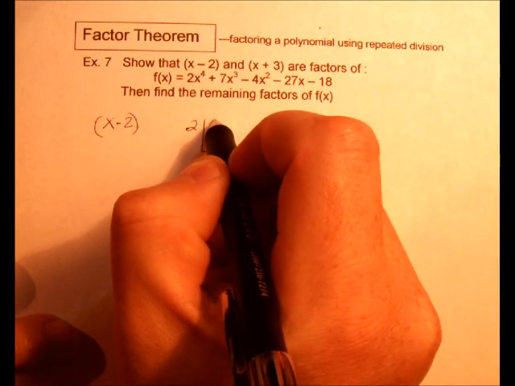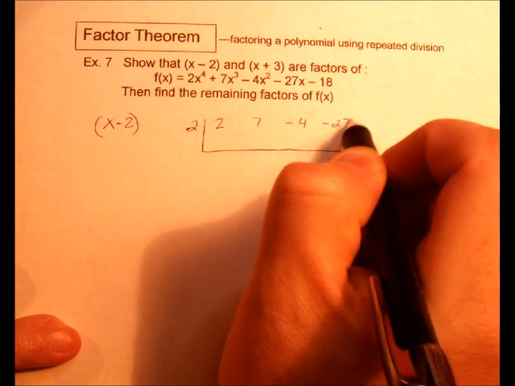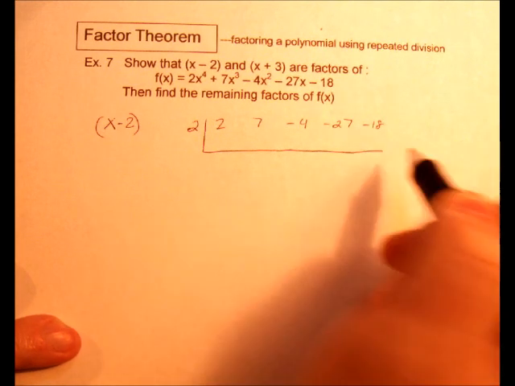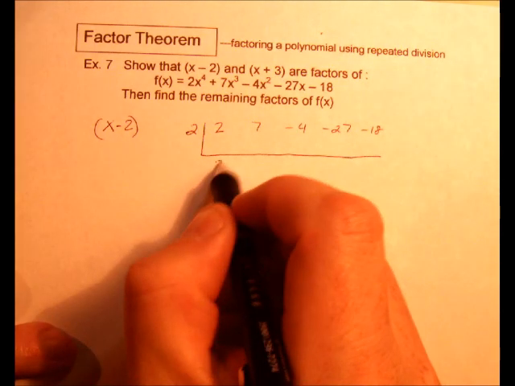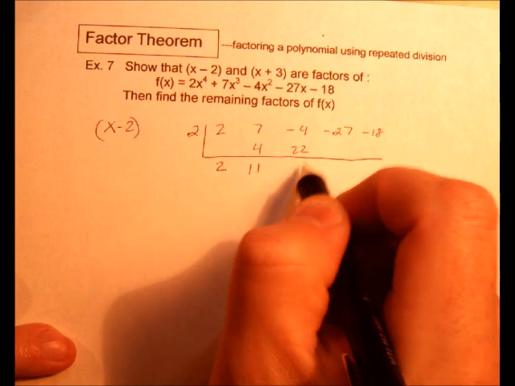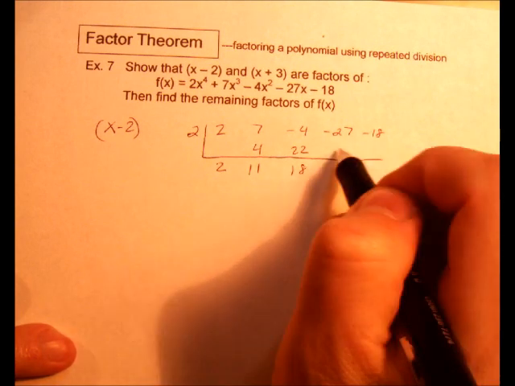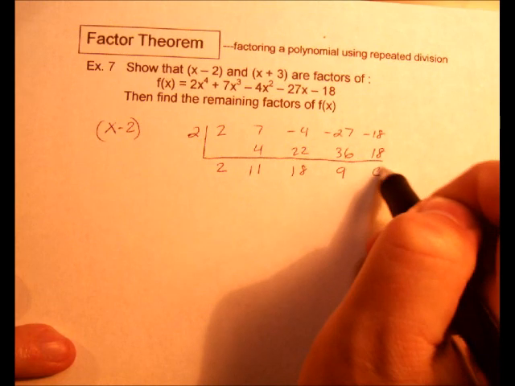So we have 2, 7, -4, -27, and a -18. Those are all the numbers out in front of each of those. Drop, multiply, add, multiply, add, multiply, add, multiply, and add.